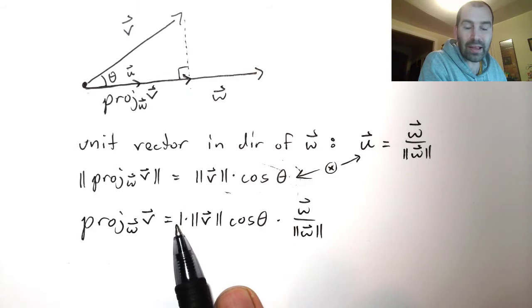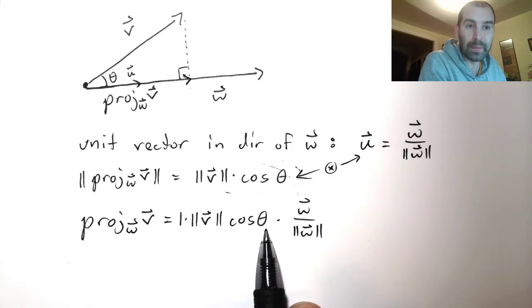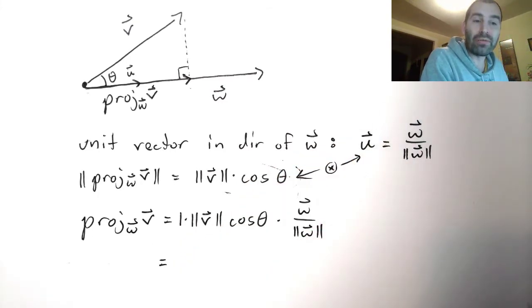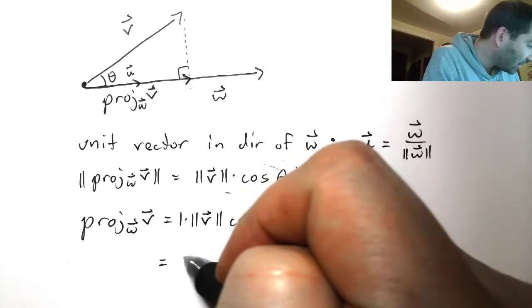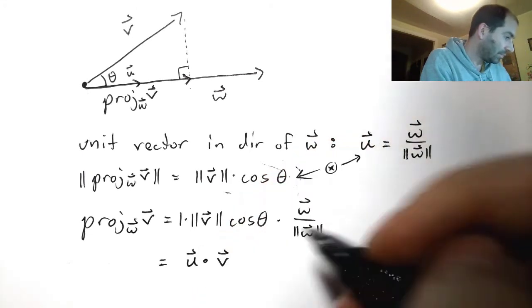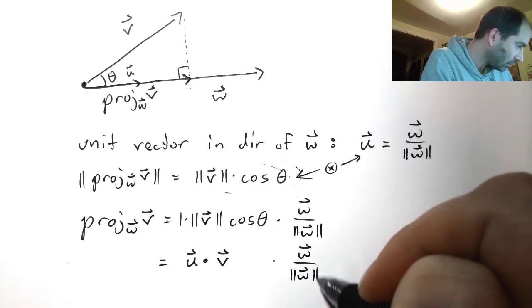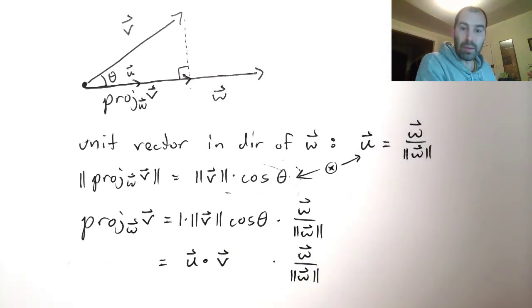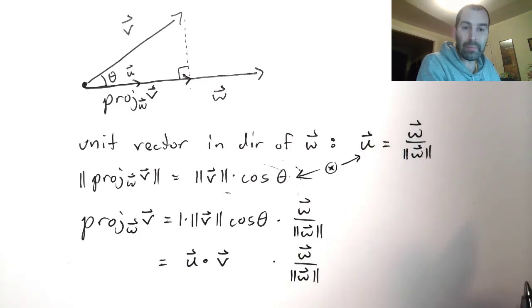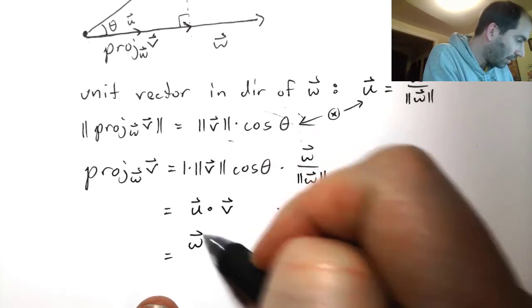So I really have the magnitude of u times the magnitude of v times the cosine of theta, right? Well, that's the same, from our dot product formula, as just u dot v. So really, I have this. But what is u? u is the same as w over the magnitude of w. Okay, so let's substitute that in.